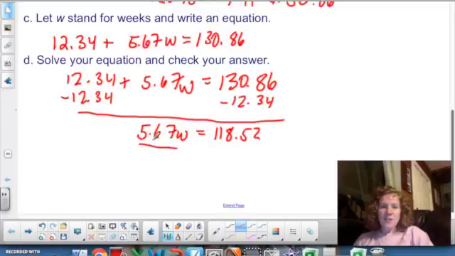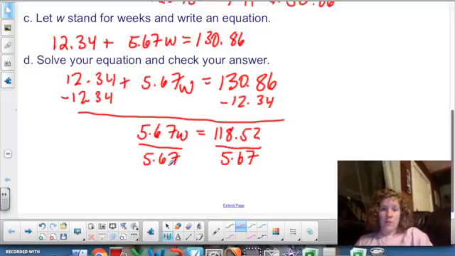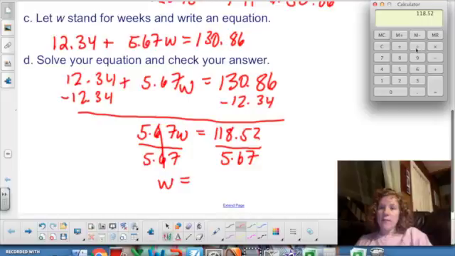Okay, so then I've got some multiplication here. To undo that multiplication, I'm going to divide by 5.67. This I would not recommend doing by hand because what an ugly long division problem that would be. That is 118.52 divided by 5.67, which gives us 20.9 with a whole lot of decimals.